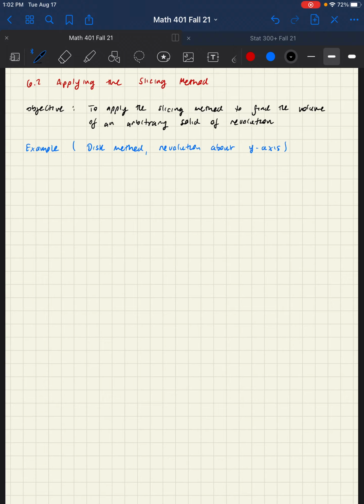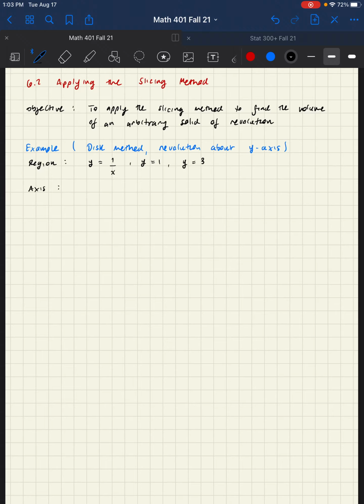And first we'll do an example where we have a disk method application and we're revolving about the y-axis. So here, the region that we're rotating is bounded by y equals 1 over x, y equals 1, and y equals 3.